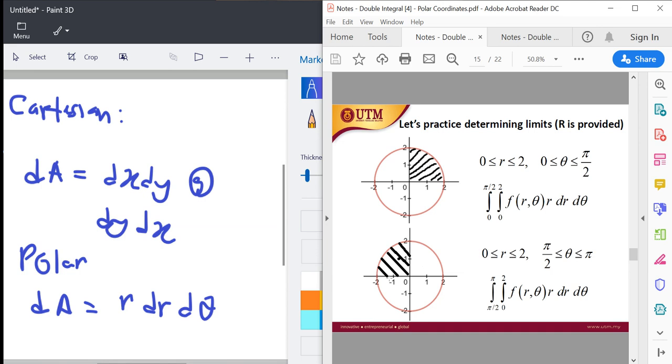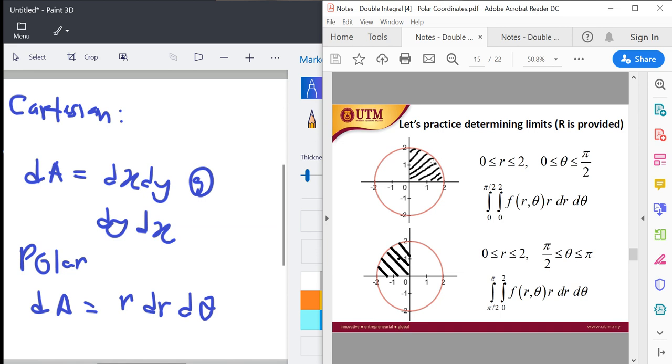What about in this case? The radius, or the value of r, is still the same, 0 up to 2. But what about the angle here? The angle is anti-clockwise, so it starts from here up to here, from pi over 2 up to pi. That's why the angle changes, because of the location of the shaded region.